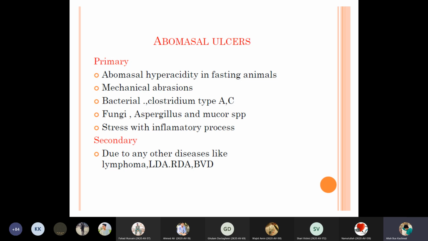So these are the primary causes of the abomasal ulcers, whereas the secondary cause is due to any other disease like lymphoma, LDA, RDA, and BVD. LDA is left displacement of abomasum, RDA is right displacement of abomasum, BVD is bovine viral diarrhea.